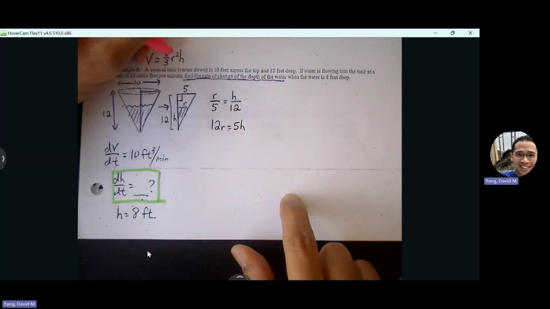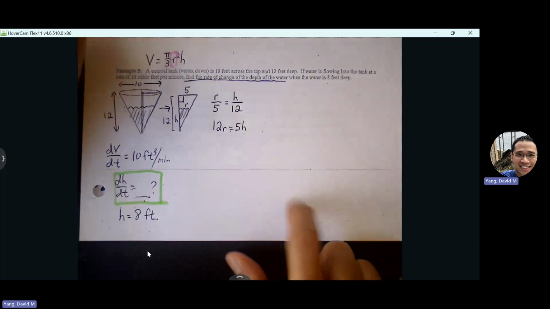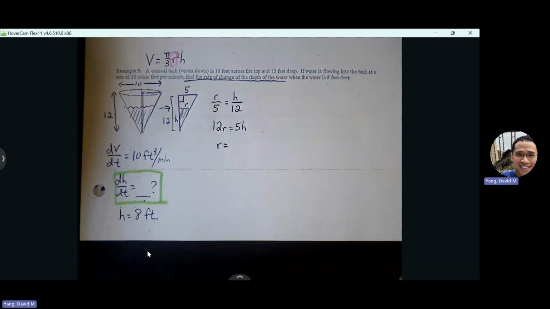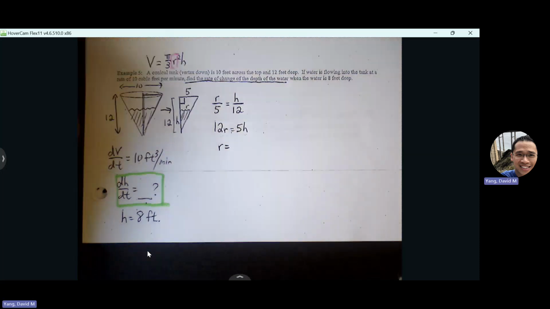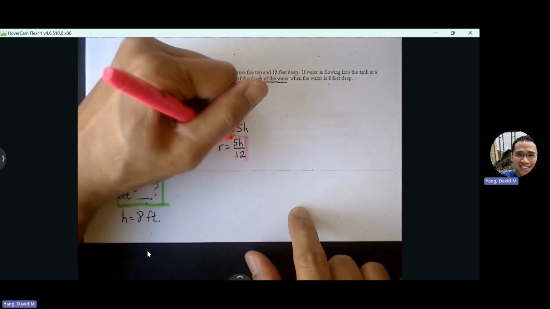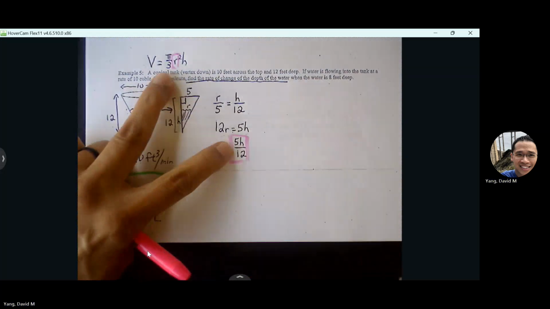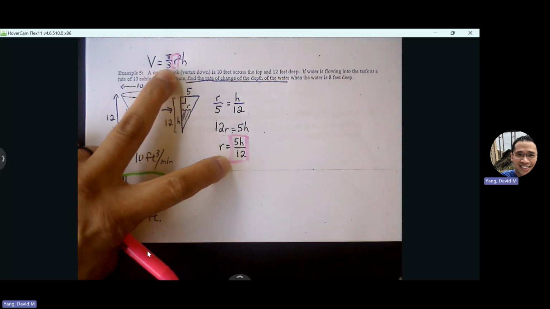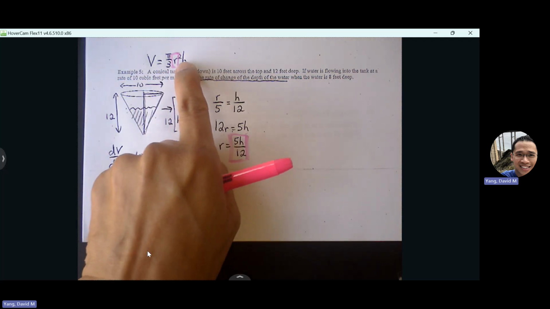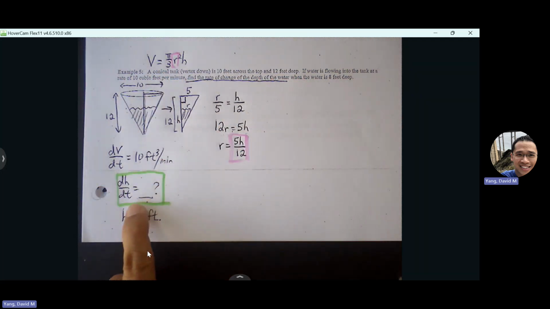So I would like to replace this variable, so I'm going to solve for R. R is equal to, divide by 12, so 5H over 12. This is my key to help me get my volume equation down to the variable that I want, so that when I do the derivative, it will produce the variable that I want to show up.